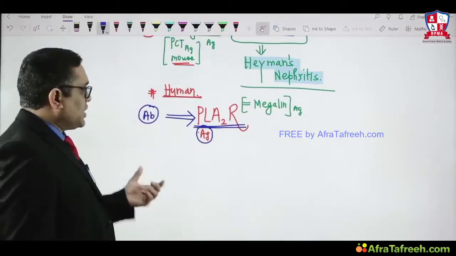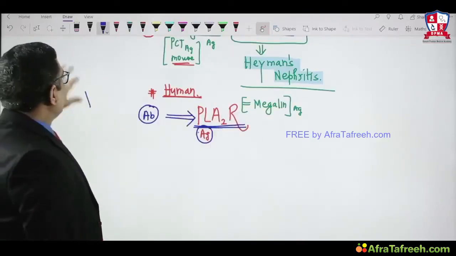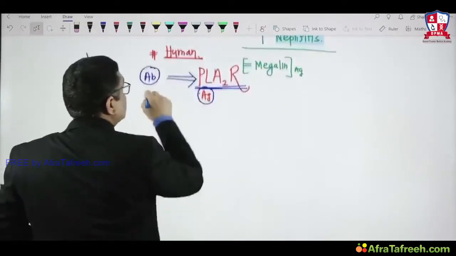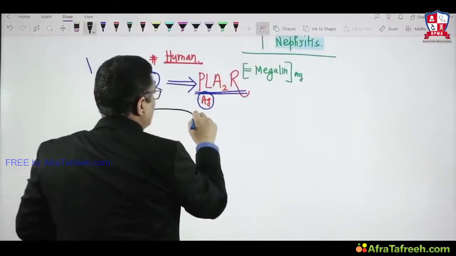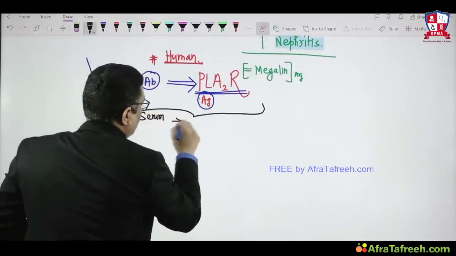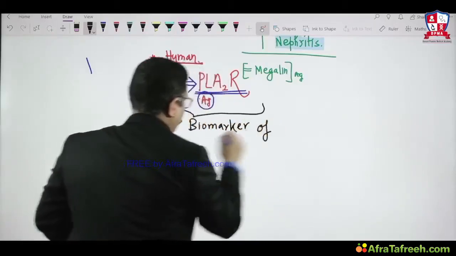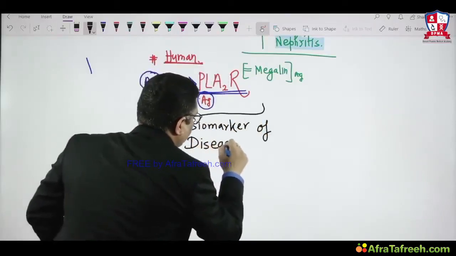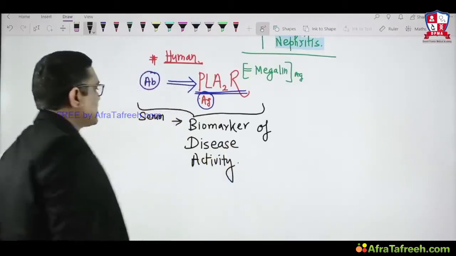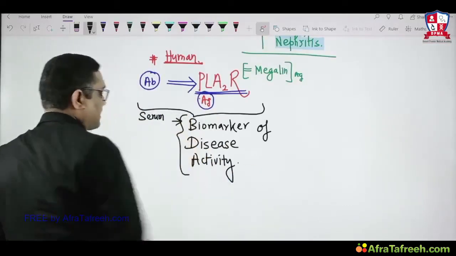In the human body, antibodies target the phospholipase A2 receptor, which is acting like an antigen, and the concentration of this antibody against the phospholipase A2 receptor, when you check it in the serum, is considered a biomarker of disease activity. So this point we have to keep in mind.